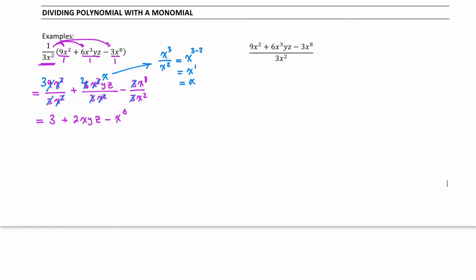And this is pretty much the same thing as this, meaning that my first term needs to be divided by 3x squared, and I have to add that to my second term divided by 3x squared, and I have to subtract that by 3x to the 8th divided by 3x squared. Now, sometimes students get that confused, so I just want to write an example here.